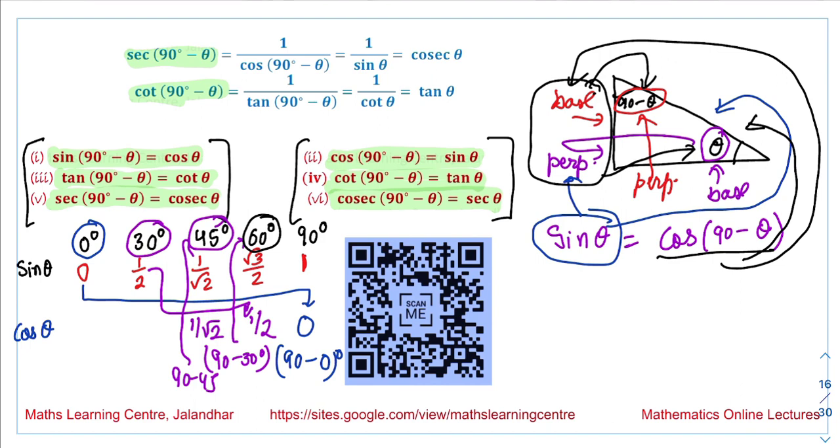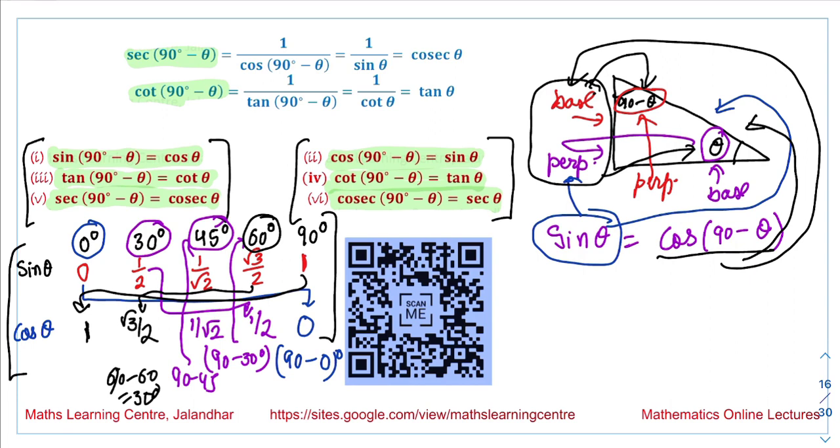Next it is 60, so 90 minus 60 is equal to 30 degree, and the answer is root 3 by 2. And the last answer is 1. So we were reversing the order of these values, basically using these conditions for writing the values of cos theta corresponding to these values.